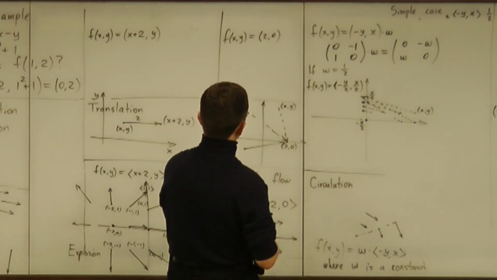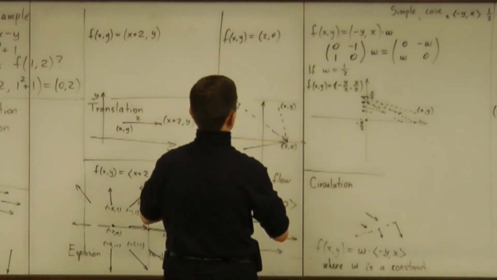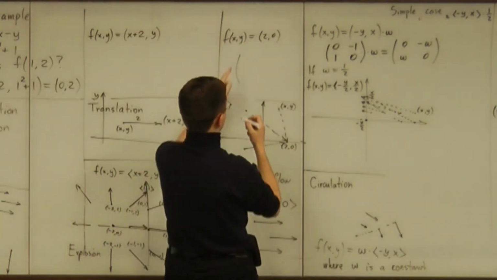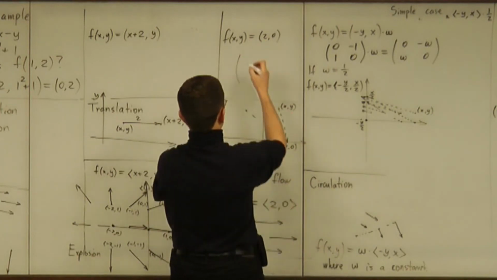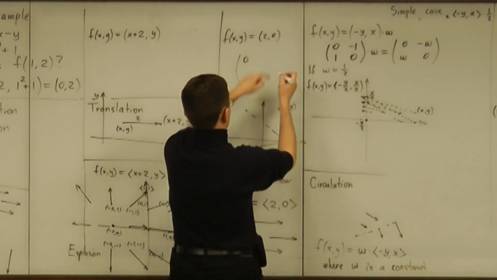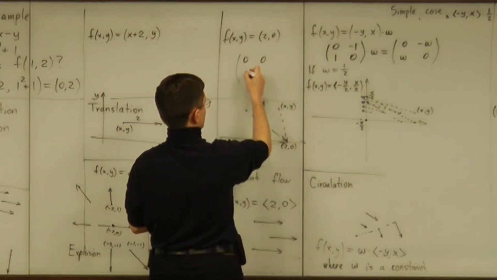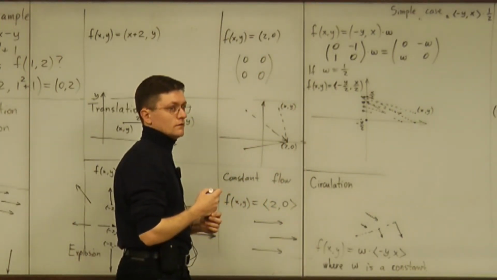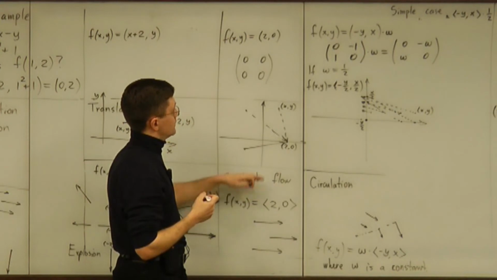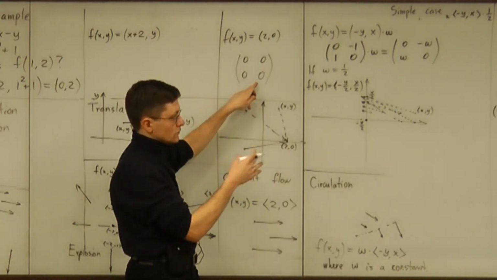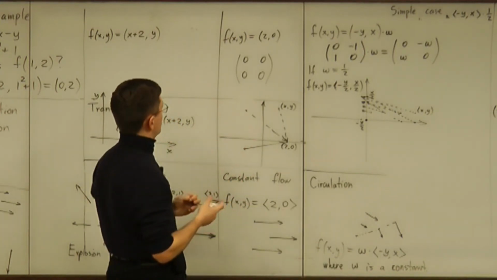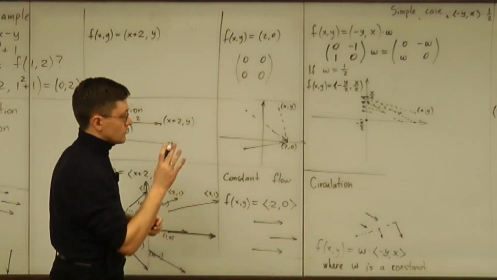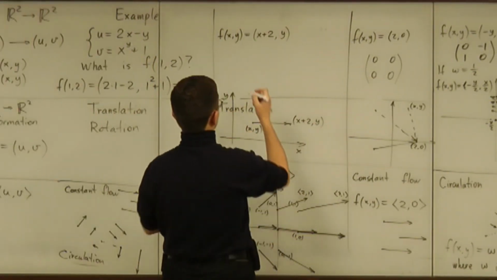Alright, what about constant flow? What is the matrix that works here? The matrix is rate of change of u with respect to x, that's 0, with respect to y, 0, 0, 0. 0 matrix. It's really a constant phenomenon. There is no rate of change involved. In some sense, the derivative is 0, but we will talk about it later.